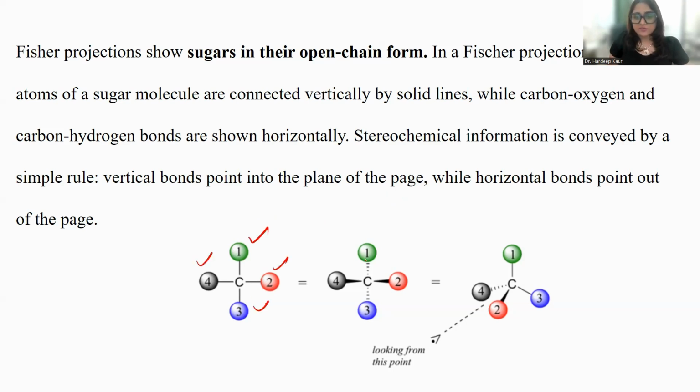The most oxidized one will be at the top, and these are normal, with carbon-oxygen and carbon-hydrogen bonds horizontal. That means 1 and 3 are normal, but 2 is close to the observer and the dash line is away from the observer.